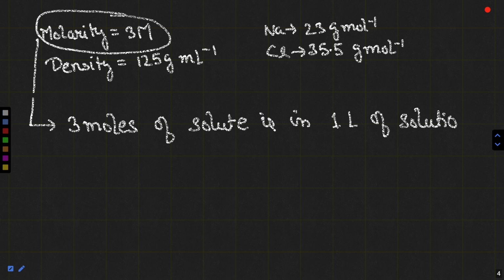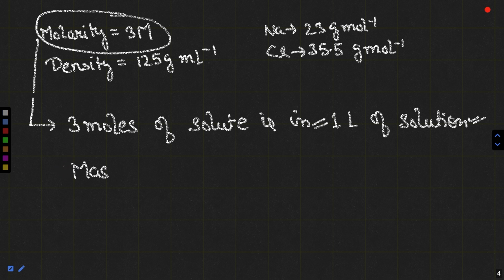So again and again we are doing this thing. I guess this point would be clear to you. Then if you want to know the amount of solution in grams in this volume, how will we do it? The mass can be calculated in a very simple way.